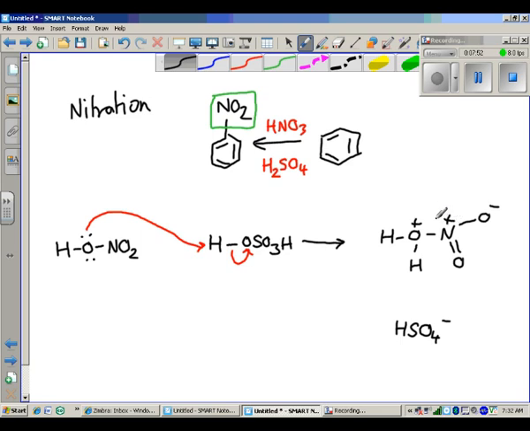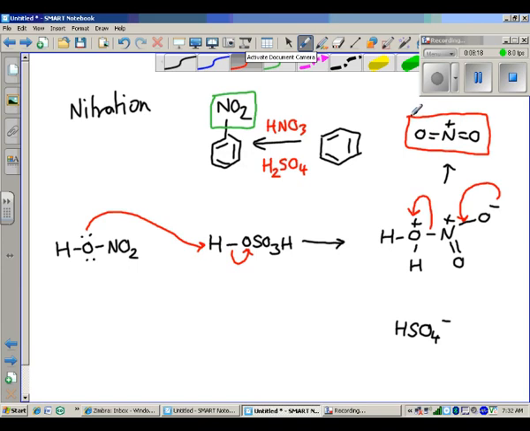I know this looks really odd with two charges next to each other, but I'm just showing you that this guy goes in here and allows that water to leave. And so what we end up with is the extremely electrophilic species, which is called the nitronium ion.